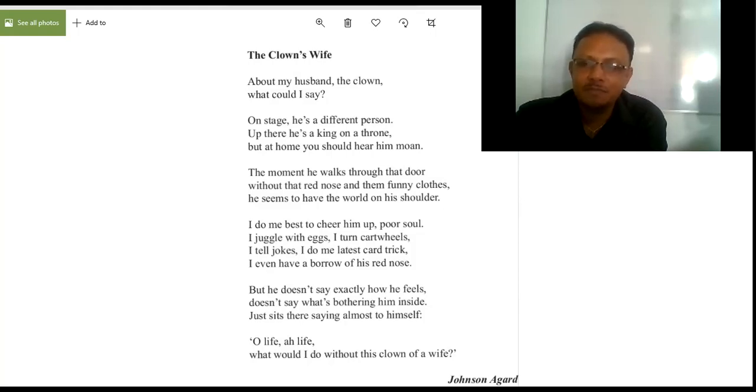You can see another aspect of the life of the clown is revealed here by the clown's wife. The moment he walks through that door without that red nose and them funny clothes, he seems to have the world on his shoulder.